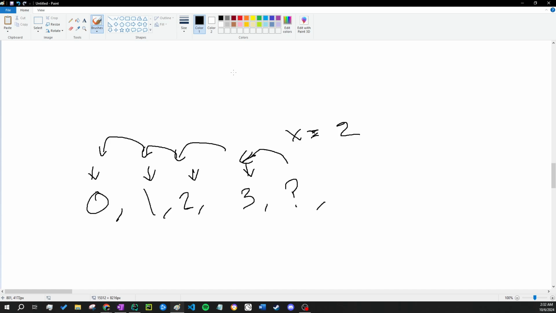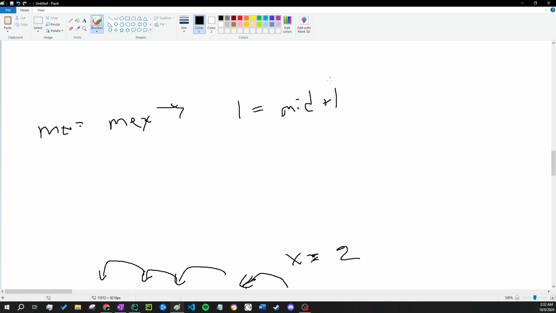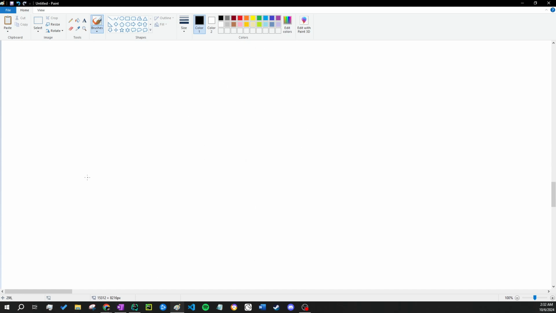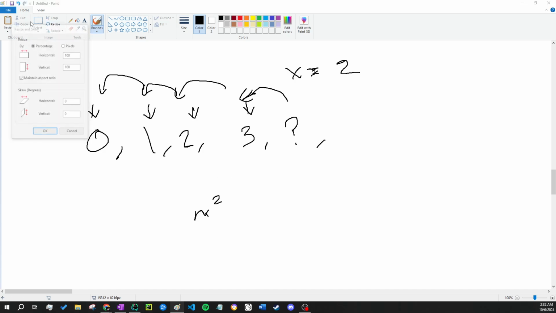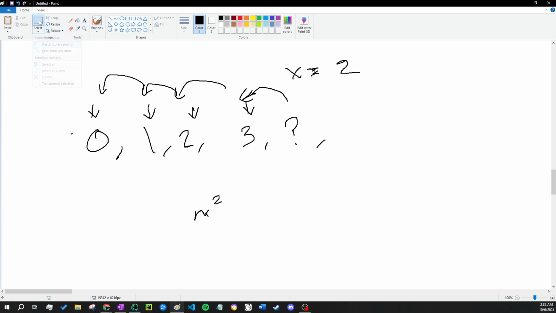I think it's actually possible though. Yeah, I think it is. Because this is just n squared, right? We need to find a possible max. Here we're gonna traverse back and see if there's any value that can fit this missing number. Yeah, it should be possible.